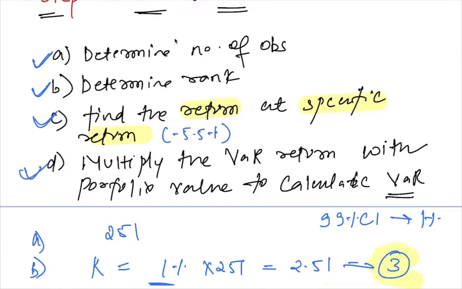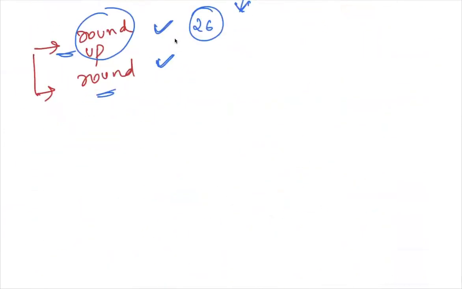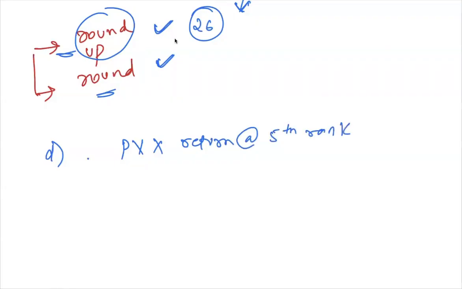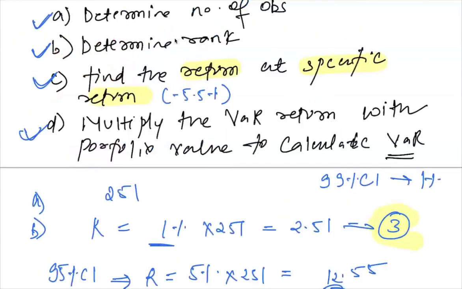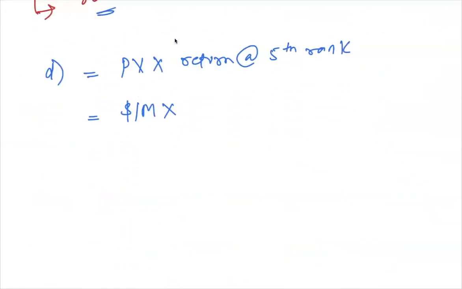Now multiply the portfolio value with the return at that specific rank. We know our portfolio value is $1 million, and our VaR return is negative 5.5%. So let's multiply this.